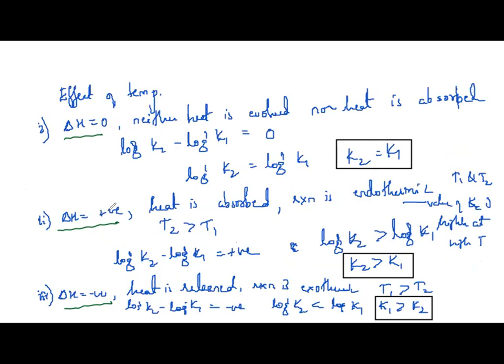Delta H is positive means heat is absorbed, so we are talking about endothermic reactions. T2 is greater than T1, so the value of Kc is higher at high temperatures for endothermic reactions. If delta H is negative, heat is released. T2 is more than T1, so K2 is less than K1. That means for exothermic reactions, the value of Kc is lower at high temperatures.